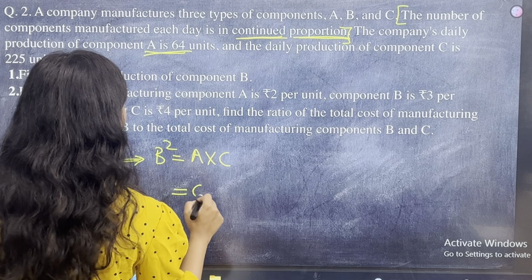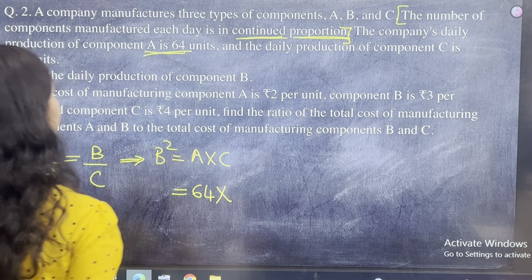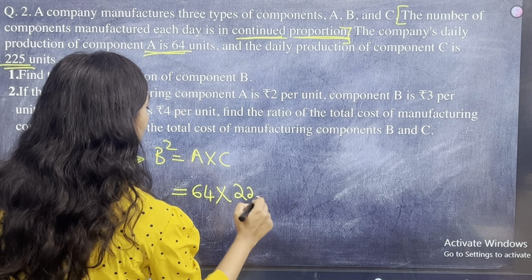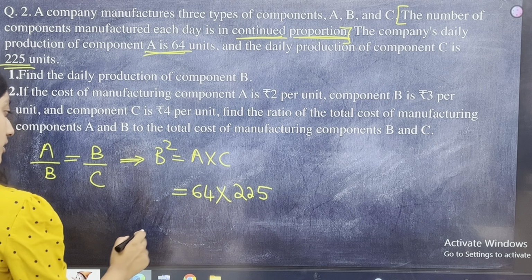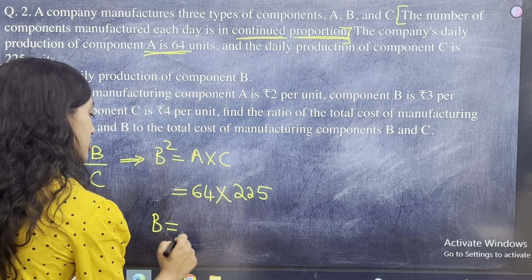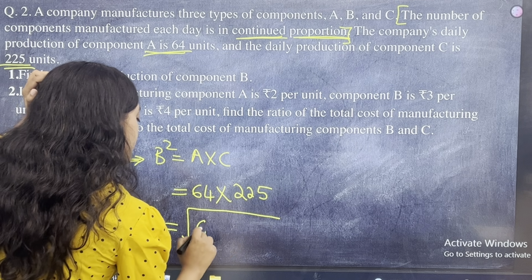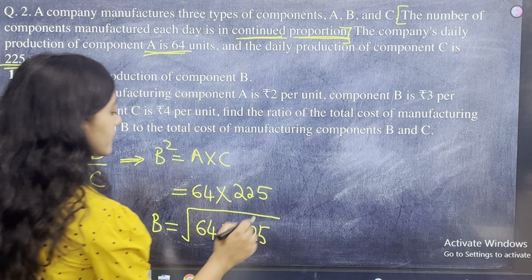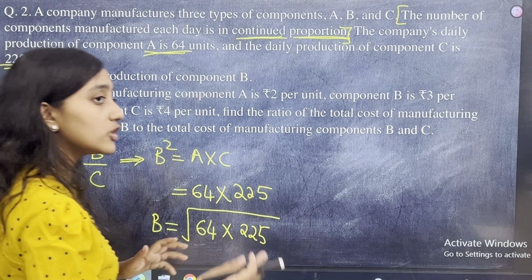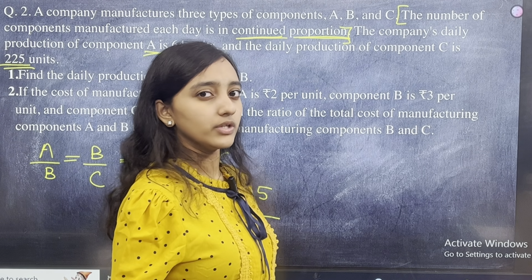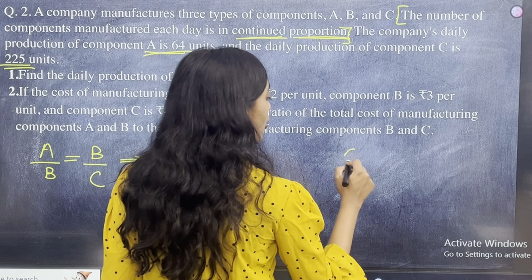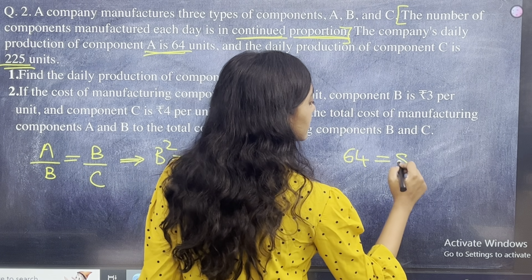So it is 64 into C value, which is 225 units. Therefore, B will be equal to square root of 64 into 225. Should you be wasting time in multiplying 225 into 64? You can do that, but that is not an intelligent way of approaching that question. 64 is basically 8 into 8.